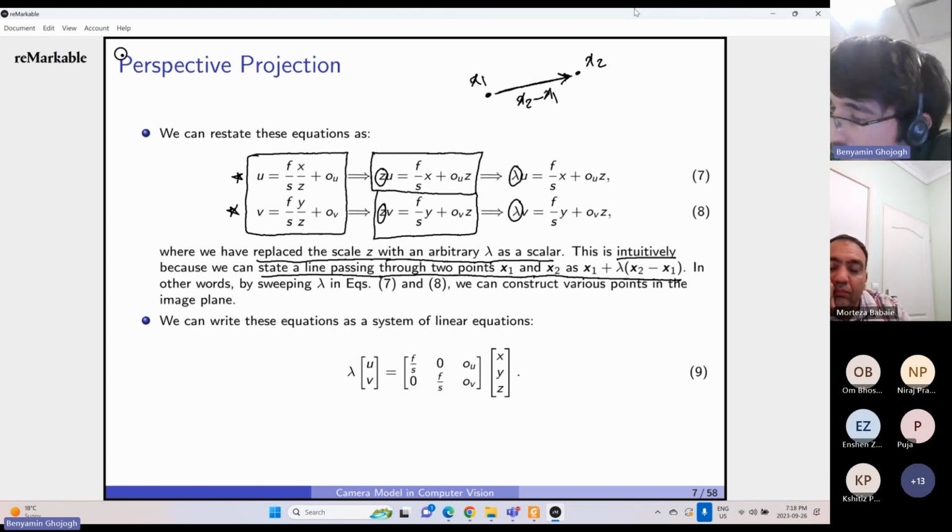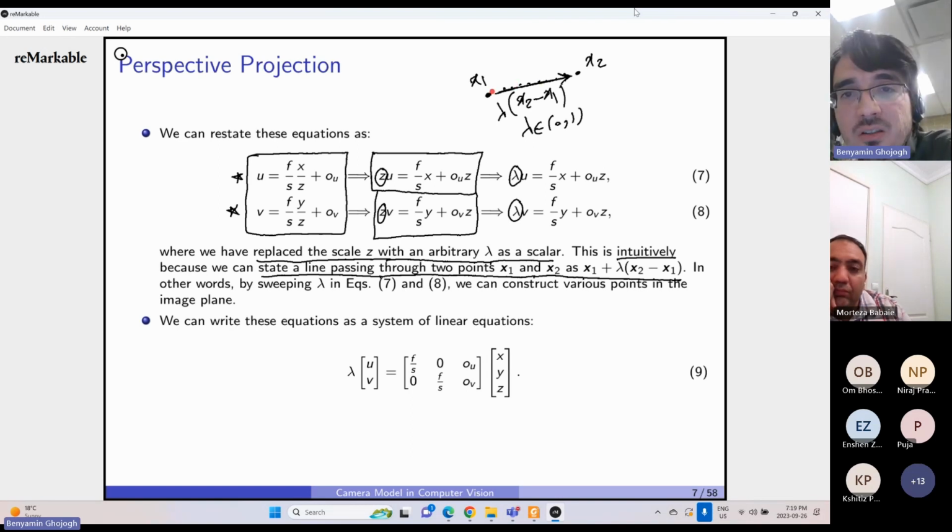But how can I represent the points on this vector? Do you agree that I can say lambda times x2 minus x1, where lambda is between 0 and 1? Then by sweeping lambda between 0 and 1, I will have any point here.